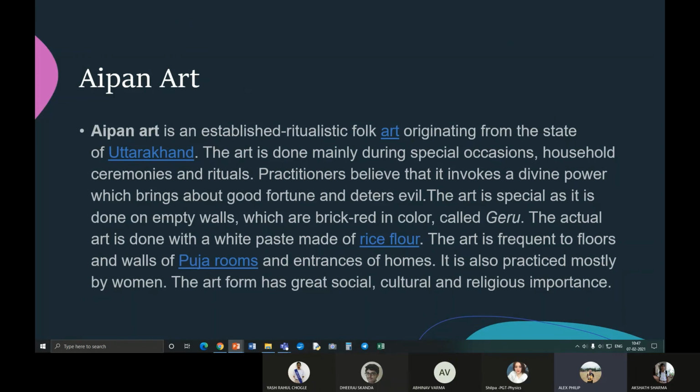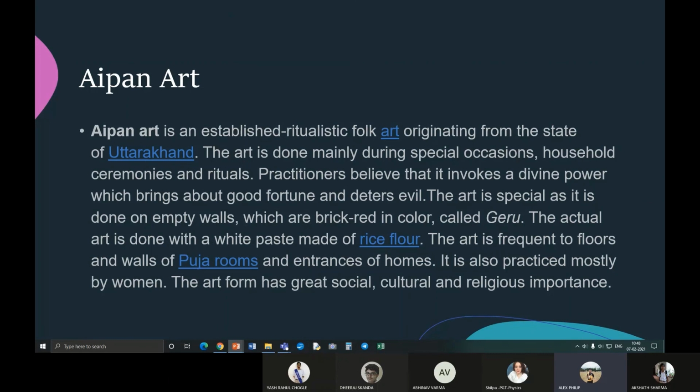So first, Aipan art is an established ritualistic folk art originating from the state of Uttarakhand. The art is done mainly during special occasions, household ceremonies, and rituals. Practitioners believe that it invokes a divine power which brings about good fortune and deters evil.